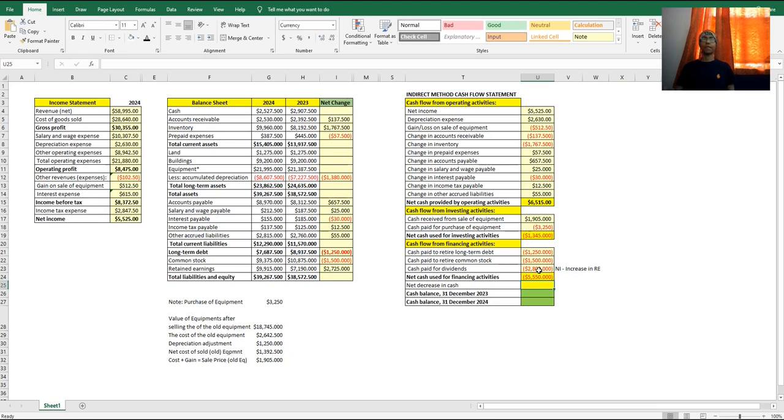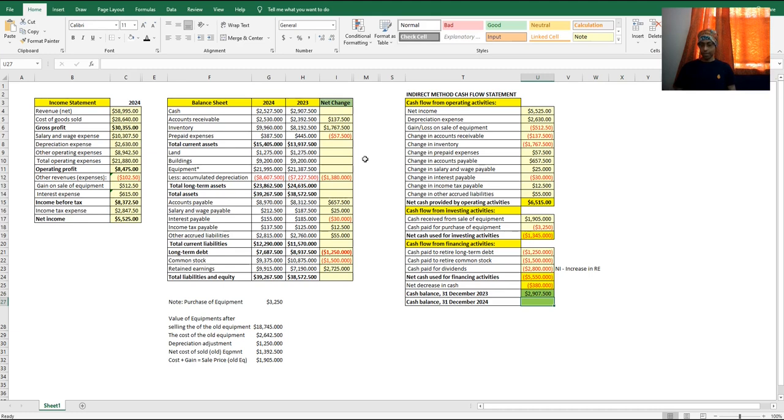5550 negative. Now net decrease in cash is equal to CFO plus net CFI plus net CFF, minus 380. There is a decrease in cash. Cash balance in 2023 is the beginning cash value.